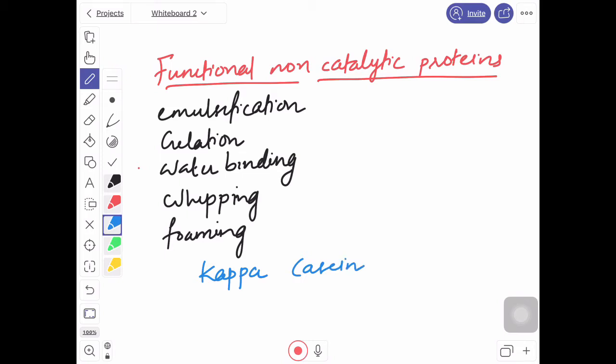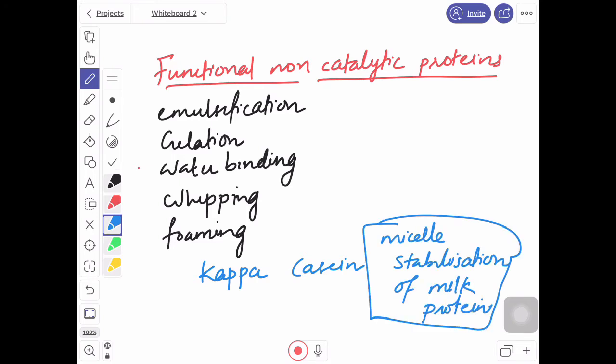You know, casein is milk protein. This kappa casein actually helps in micellar stabilization of milk protein. Actually, these proteins help to suspend proteins uniformly in the milk.